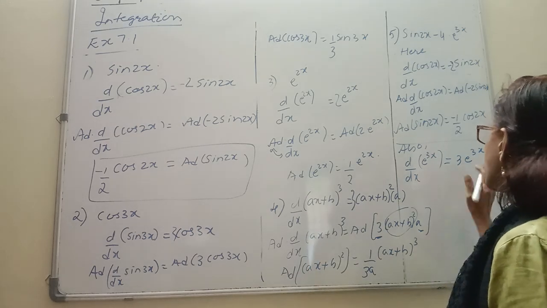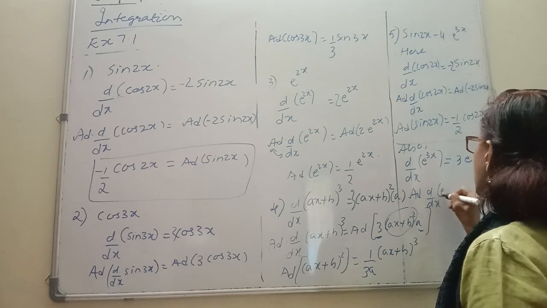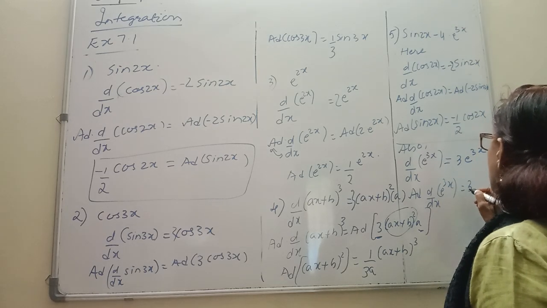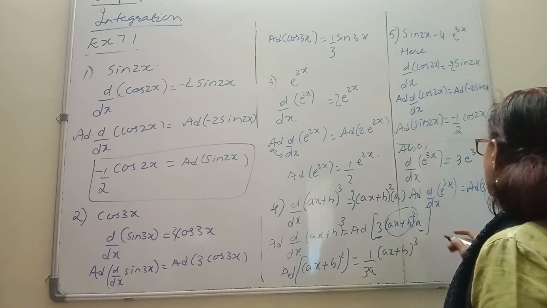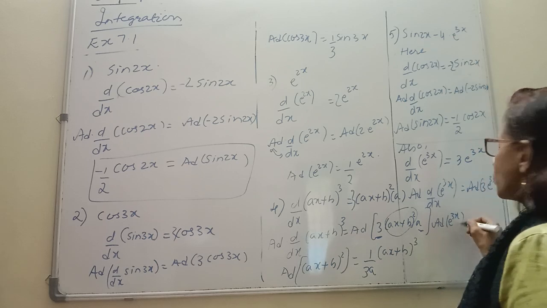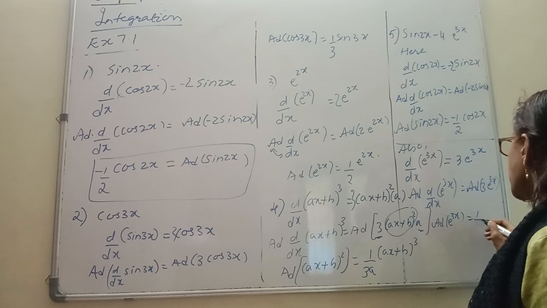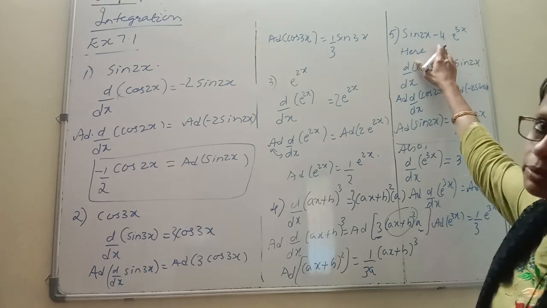Since you only want e raised to 3x, we'll apply antiderivatives on both sides, and that way you'll have the antiderivative of e raised to 3x. The 1 over 3 can go on the other side. So it will become 1 over 3 e raised to 3x. When we write it, of course, that 4 will be there.